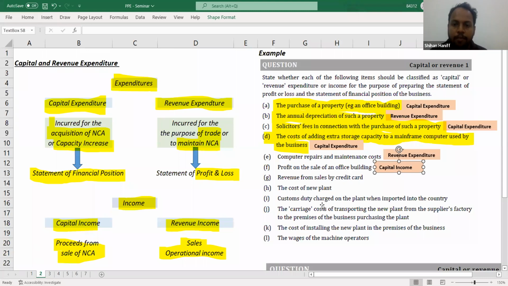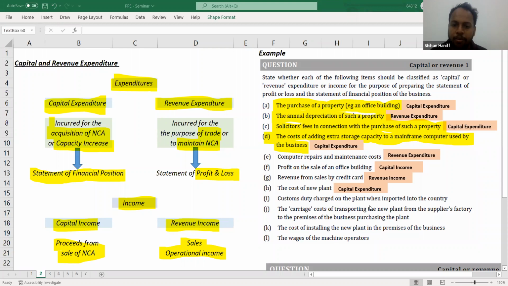Revenue from sales by credit card. So that's a revenue income. That is capital. Right? So these are simple.